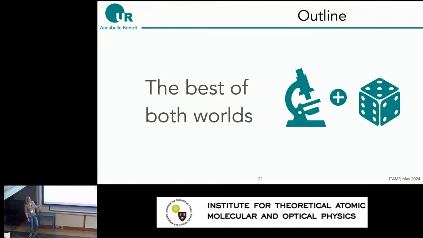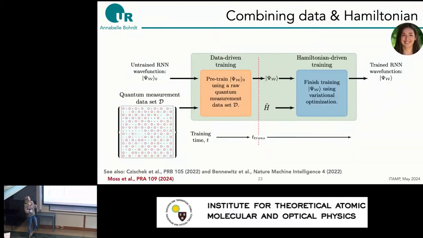And now I want to combine the quantum state reconstruction with the variational Monte Carlo part. So basically now, instead of starting from a random initialization of our neural network parameters, we start by training on this experimental data to get a representation that's as good as possible, like approximating the experimental data.